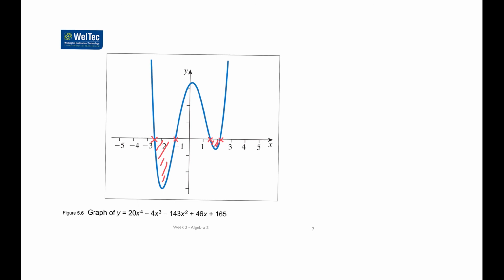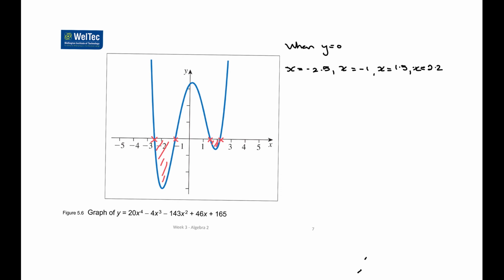Let's go ahead and tell us that when y is equal to 0, we've found that x equals negative 2.5, x equals negative 1, x equals 1.5 and x equals 2.2. Okay, so we've used Desmos or something to find those values.